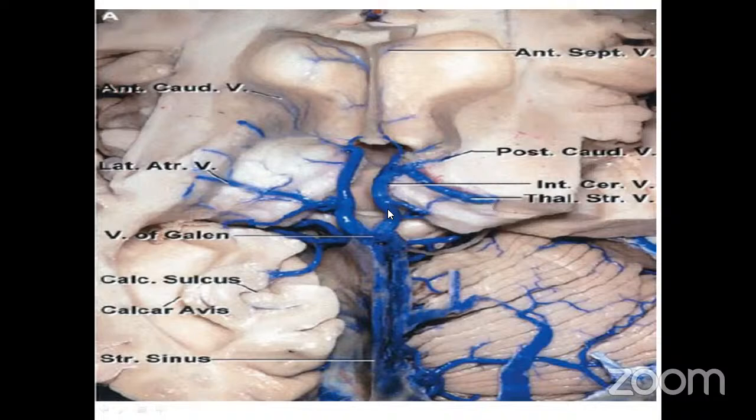The internal cerebral vein joins the basal vein and forms the vein of Galen, which continues as the straight sinus. There we can see the calcarine sulcus. Laterally, there is a prominence of the calcarine sulcus known as the calcar avis, and it is present on the medial part of the atrium.